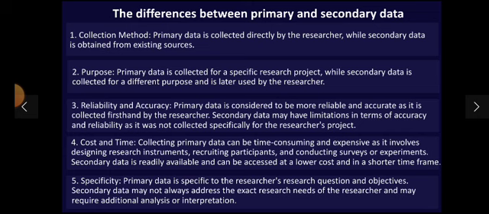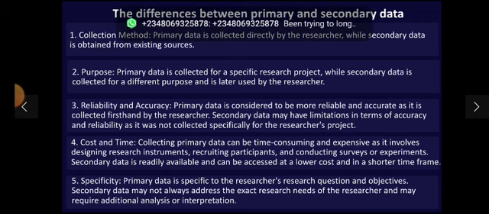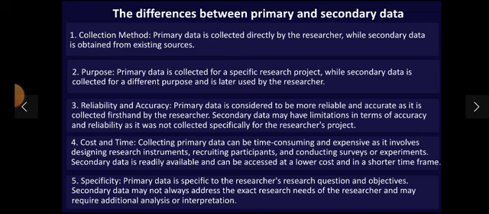Now, another difference is the cost and time. Primary data can be time consuming and expensive because it involves designing research instruments, recruiting participants, and conducting surveys or experiments. But secondary data really is readily available and can be accessed at low cost in a shorter time frame. You can just go into the internet and the data that you want to use is already there.